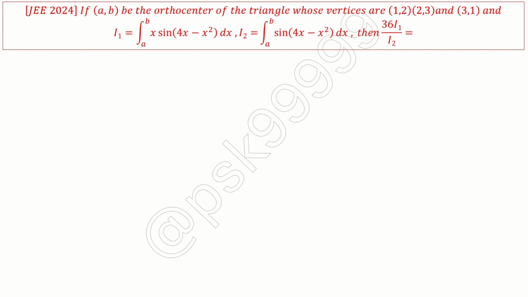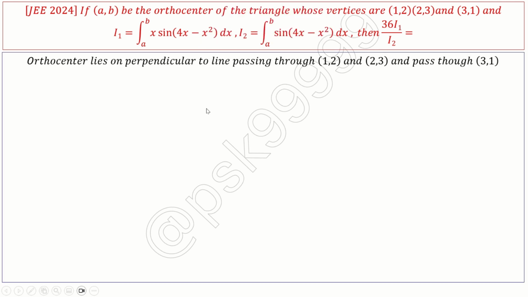Okay, so first thing is we need a comma b. So a comma b are the orthocenter of the triangle. So if I take orthocenter is lies on the perpendicular to the line passing through 1 comma 2 and 2 comma 3 and passing through 3 comma 1, correct? So if I take this slope, the orthocenter slope is perpendicular slope, okay, and pass through this one, correct?